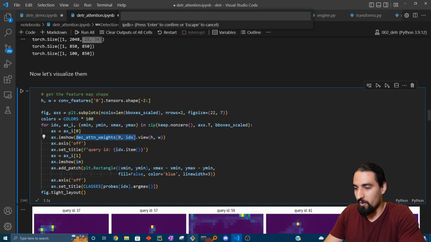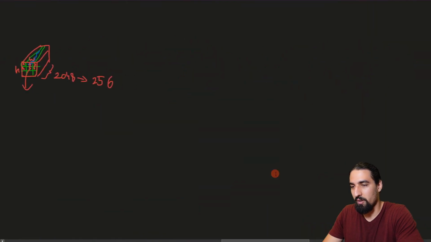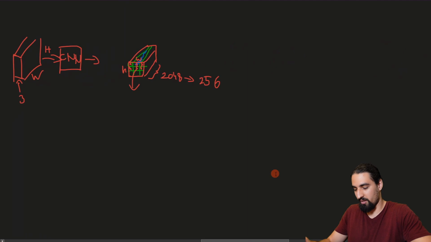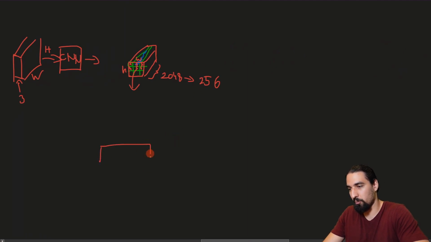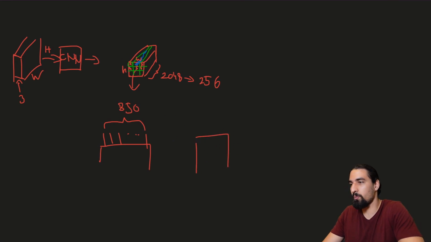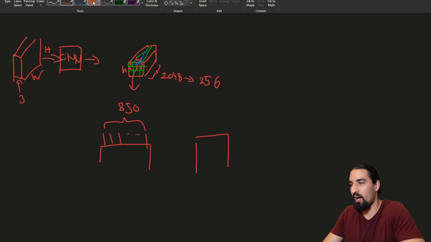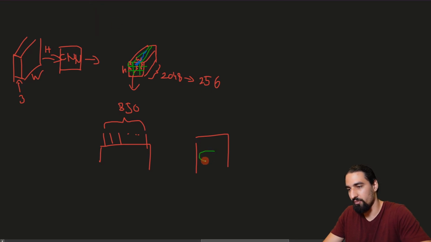Just to quickly clarify what I mean by that: remember we have the encoder output here, so we have 850 outputs. And then we have the decoder stack here, and as I said, we grab the cross attention layer.